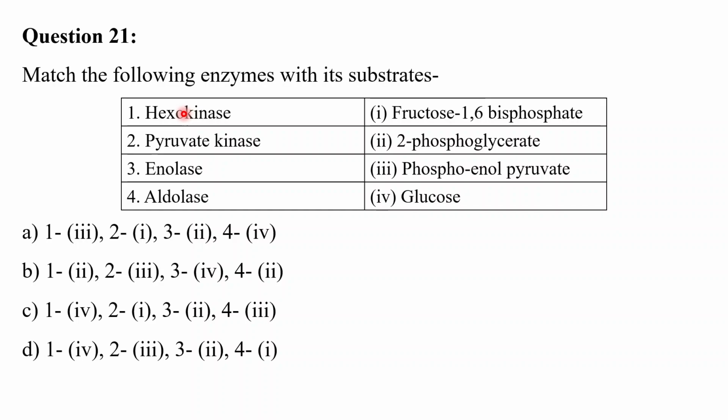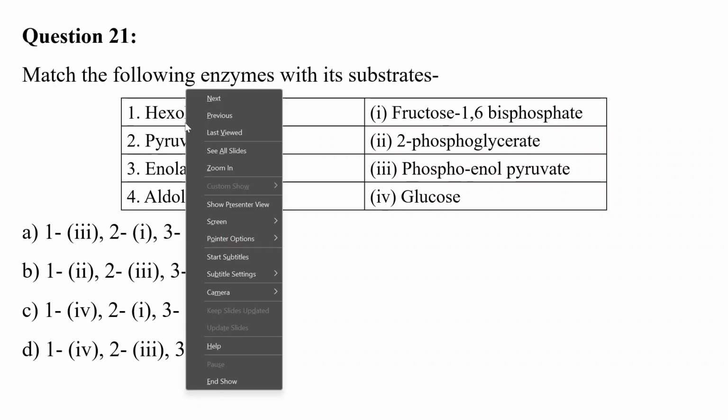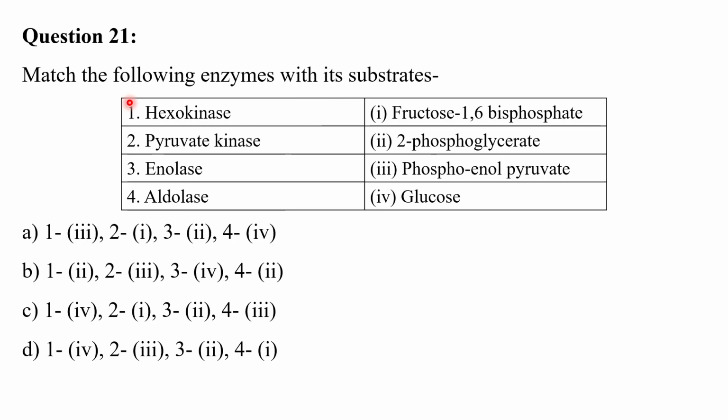Hexokinase is the first enzyme of glycolysis. Glycolysis starts with which molecule? Glucose. Yes. So the substrate for hexokinase is glucose.